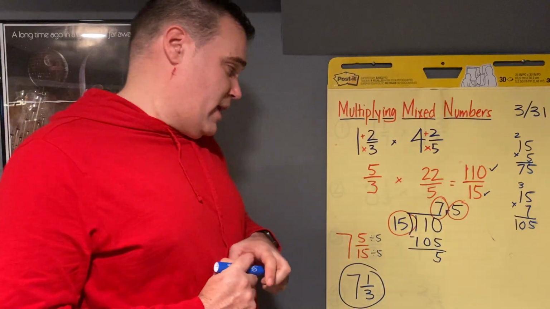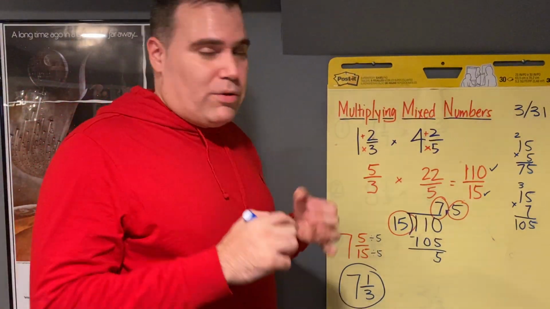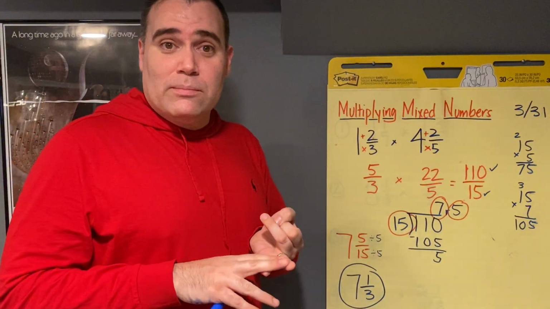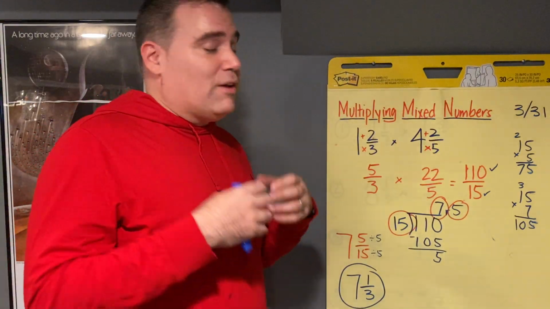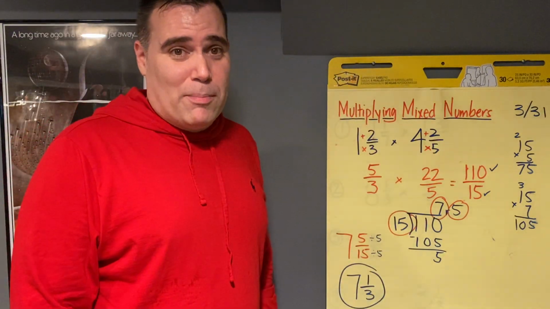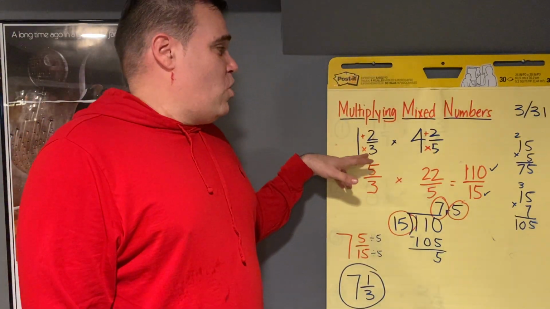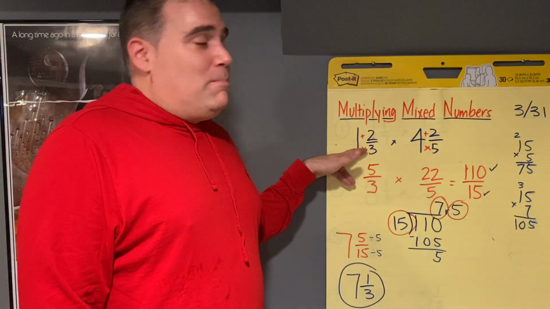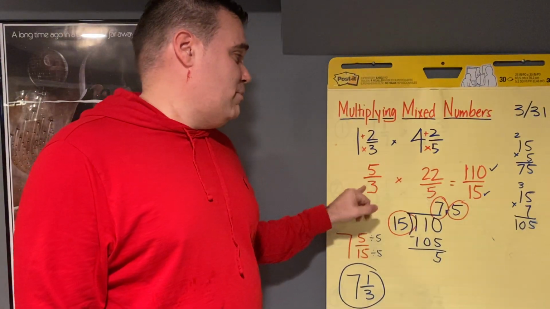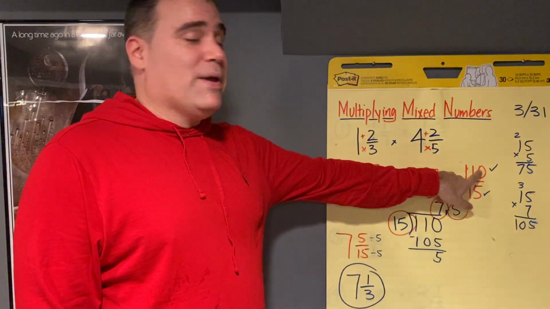7 1/3, okay? Let's talk about what the difficult parts of this are. The difficult part is that there are a lot of steps, okay? And for each of those steps, it's something different we have to remember to do. We have to know how to convert a mixed number into an improper fraction. We have to be able to do some multiplication, including some bigger numbers.